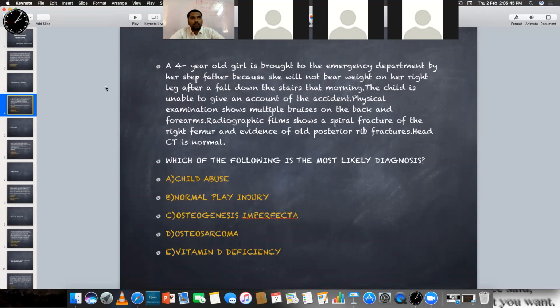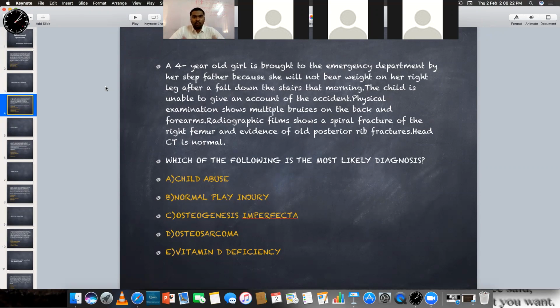Because we are reading behavioral sciences, it's child abuse. Even if you were reading the cardiovascular system, it's still child abuse. Because the account he's giving here is about a 4-year-old girl and a stepfather. And just because she fell down the stairs, do you expect a child to break her leg? There's a rare probability that this could occur.